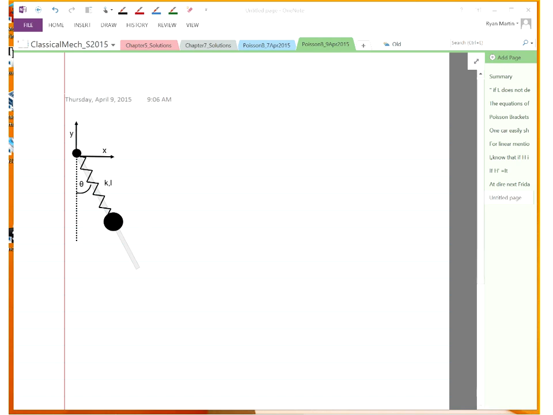So I'm going to do another example of using the Hamiltonian. This is problem 7-4. And so again, it's a problem that you visited before, I think both with D'Alembert's principle and with the Lagrangian method, and so let's do it now with the Hamiltonian.